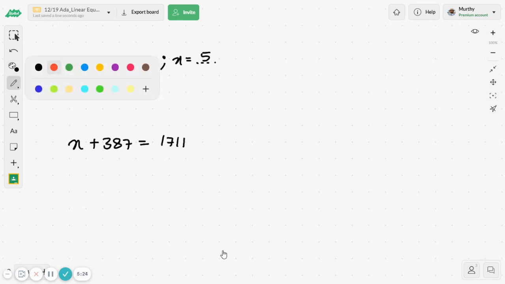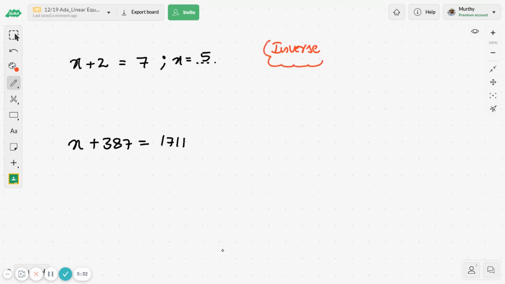At this point, we are going to adopt the inverse operations method. Here I see that a variable is associated with a constant.